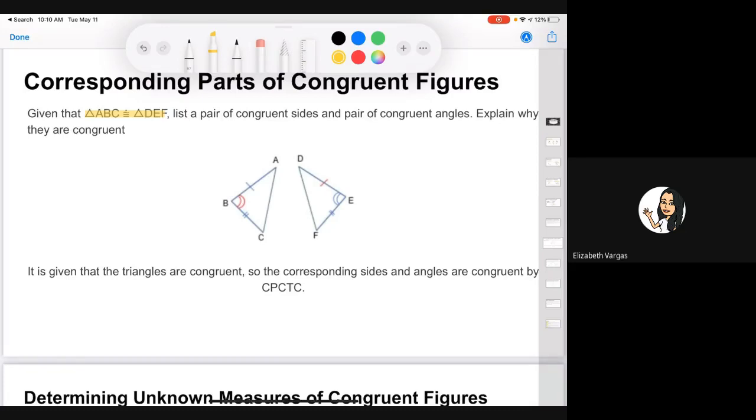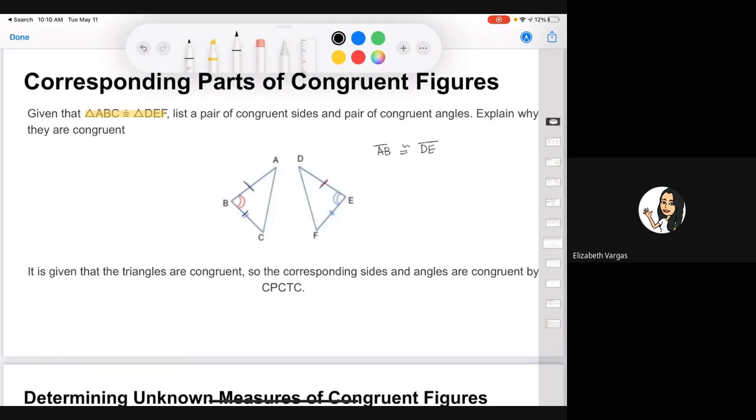So because these two triangles are congruent to each other, what I can determine from that is that all my parts will be congruent to each other. So here I'm told some information about congruent parts. I'm told that AB is congruent to DE because they both contain that one dash.